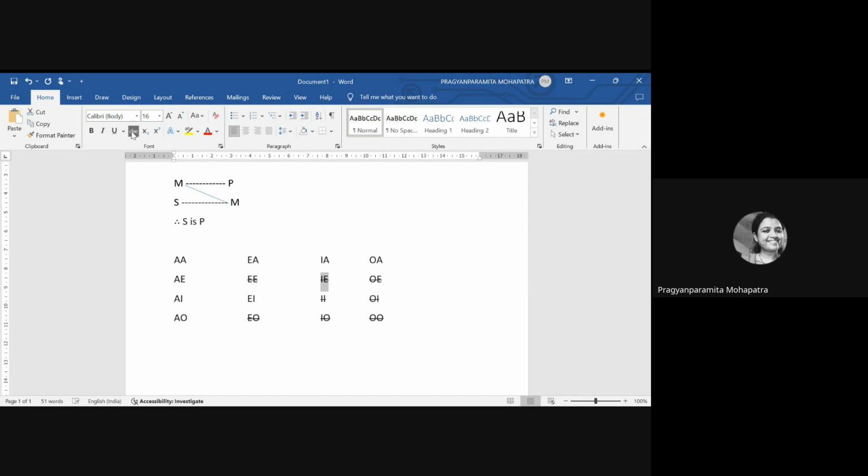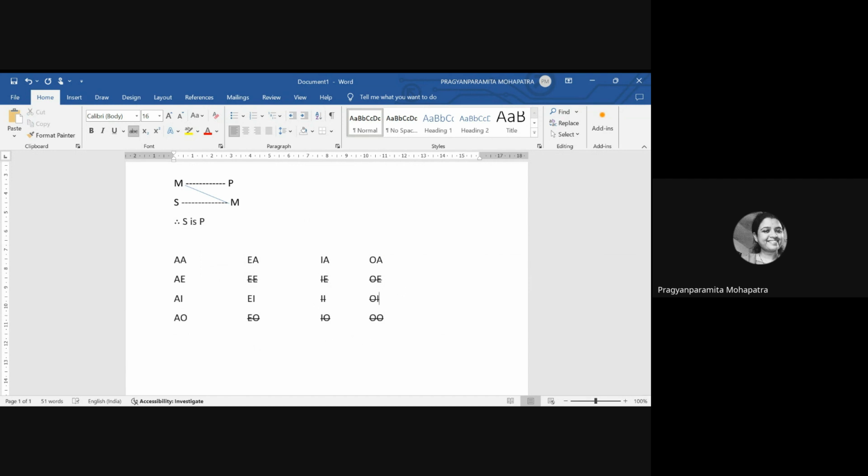Look at this IE combination. Any other? Can you see? Is it clear to everybody? Yeah. Okay. So let's move on.